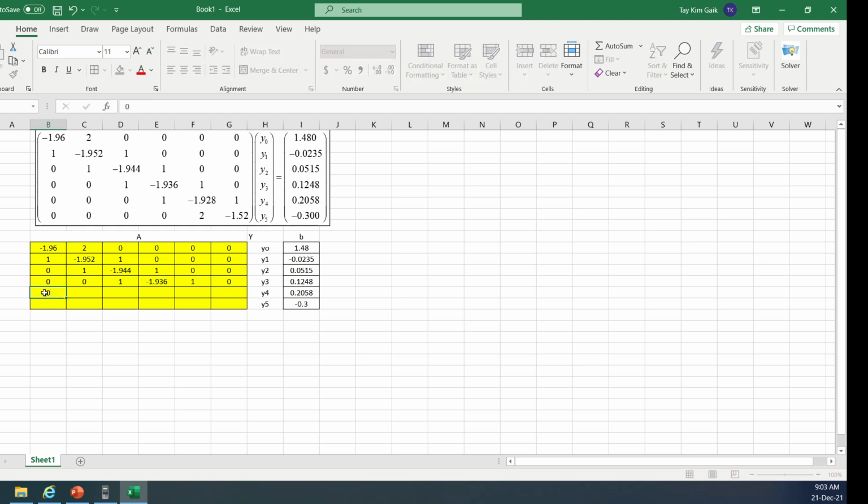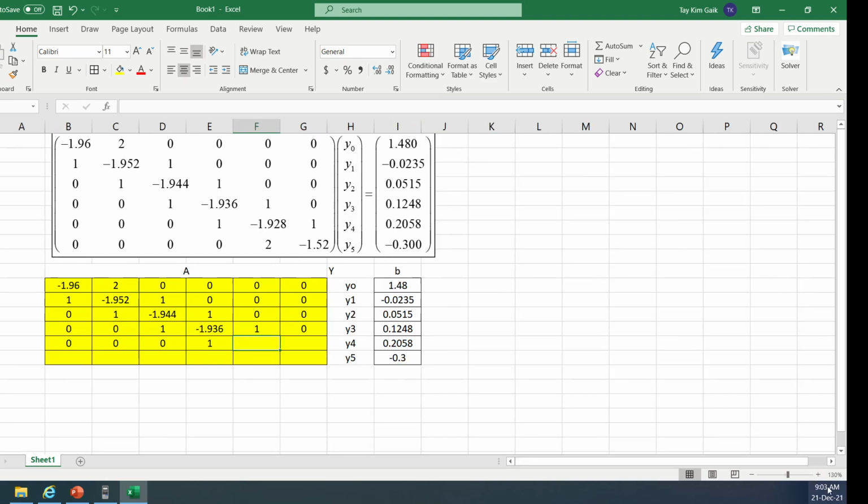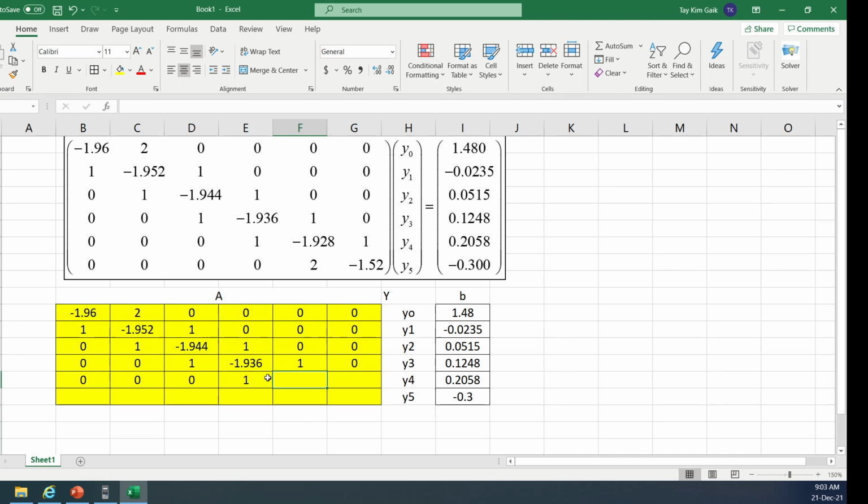The fifth row: 0, 0, 0, 1, negative 1.928, 1. Maybe I need to enlarge, otherwise you cannot see clearly. So the last row: 0 0 0 0, 2, negative 1.52. Let's check.